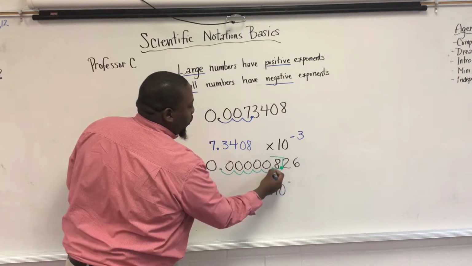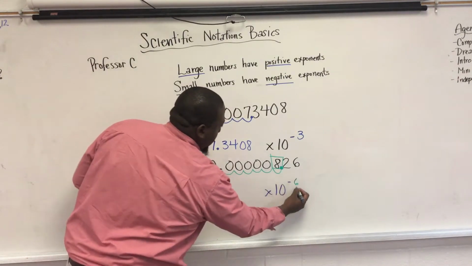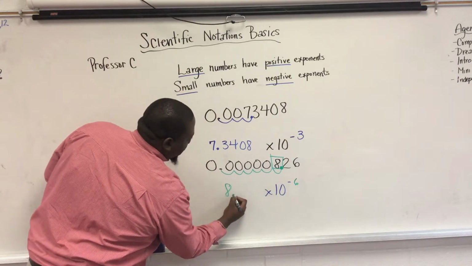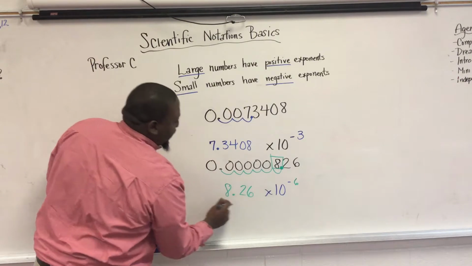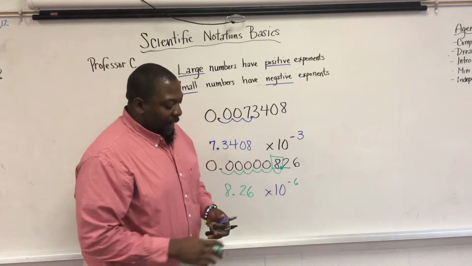Do you see how that's one number in the ones place? So now I can just rewrite this number as 8.26 times 10 to the negative 6 power.